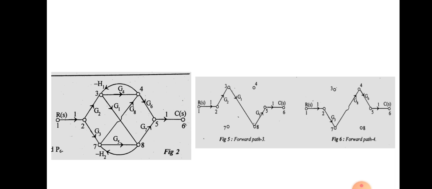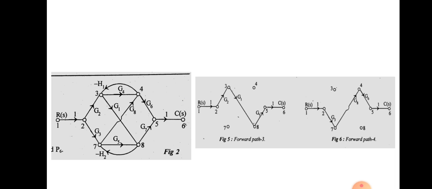And look at the diagram carefully and check whether there is any other forward path or not. Sometimes you have to spend some more time to find out the other forward path. You can see that here, starting from 1, 2, 7, 4, 3, 8, 5, 6.